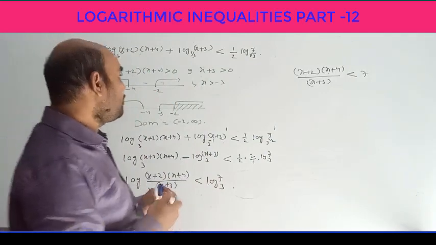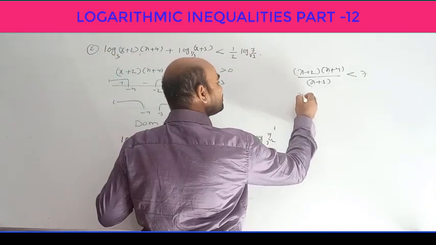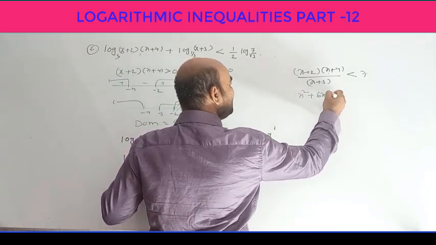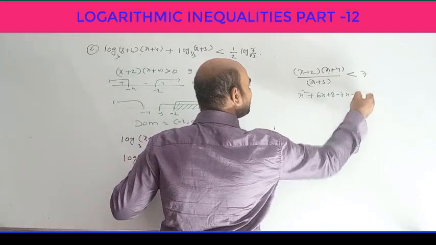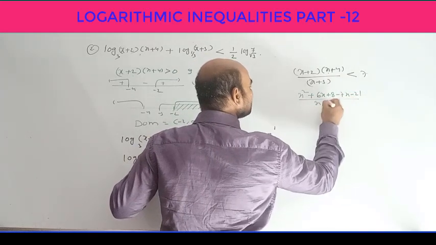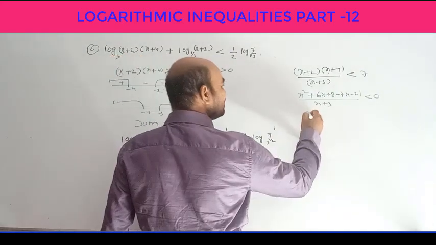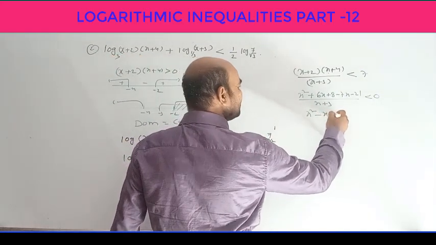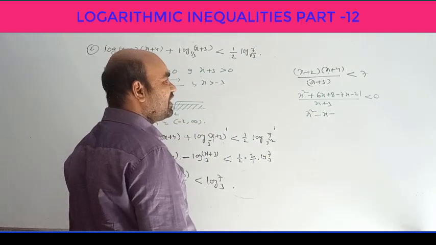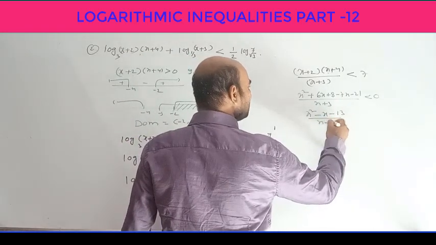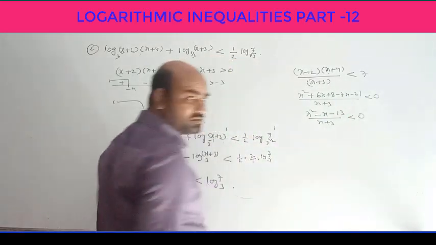Here this is x square plus 6x plus 8 minus 7x minus 21 by x plus 3 less than 0. So what is this? x square minus x minus 13 by x plus 3 less than 0.